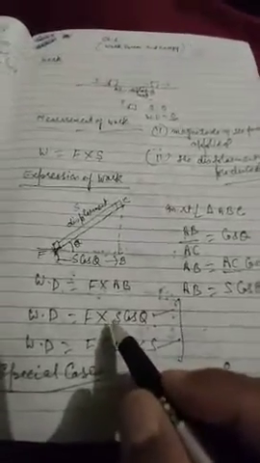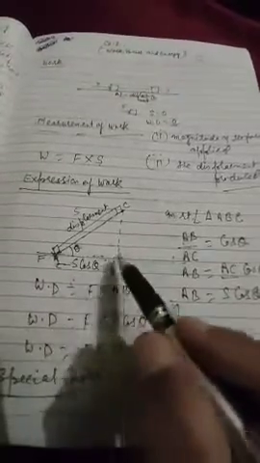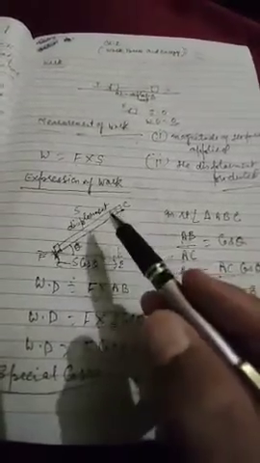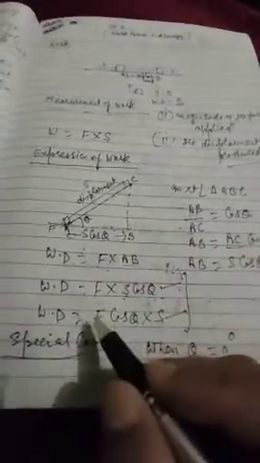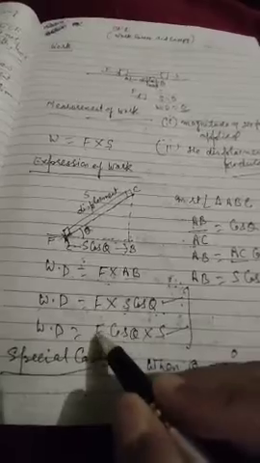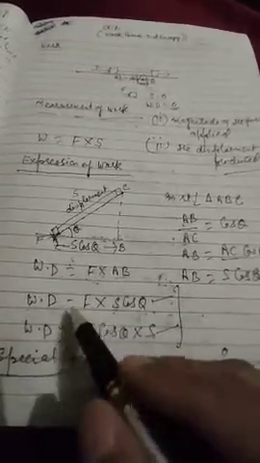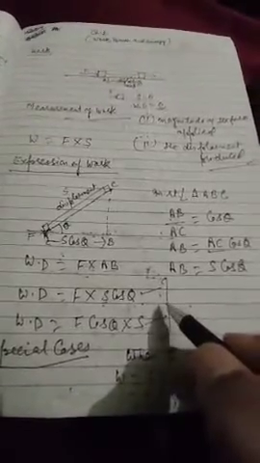So this S cos theta is the component of the displacement S. Like this, here I have written F cos theta into S. So F cos theta is the component of the force F. So it doesn't matter, you can even write F S cos theta or F cos theta into S. You will get the same value.